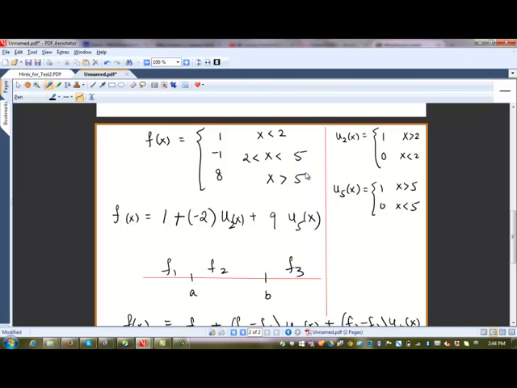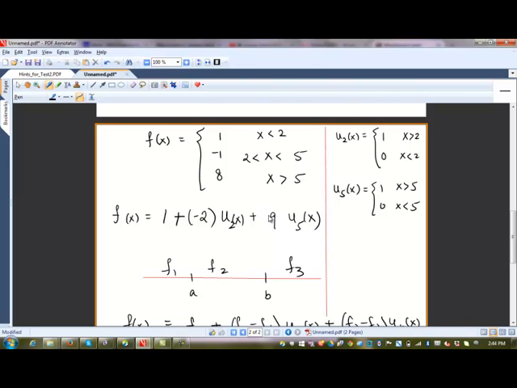Isn't that what that says? No, I am saying when x is bigger than 5, both the switches are on. I'm just confused, it seems pretty explicit there that switch 2 is only in effect when x is less than 5. No, switch 2 is in effect here also because you took 9. Otherwise, you would have just taken 8 here.